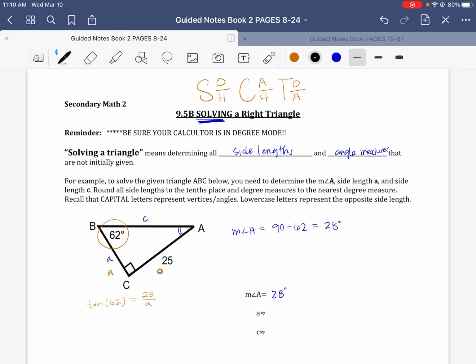Now it's a solving problem like we've done in the past videos. We're going to multiply by a, and then essentially we're dividing by that tangent of 62. This is terrible writing, but we're dividing it over to this side. So little a is going to be equal to 25 divided by the tangent of 62.